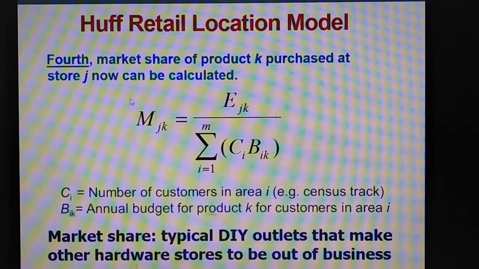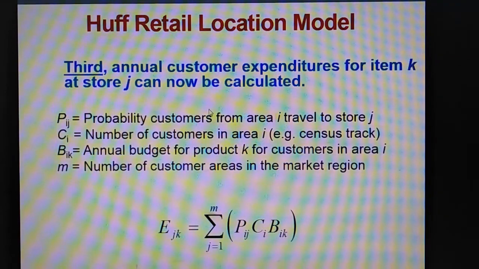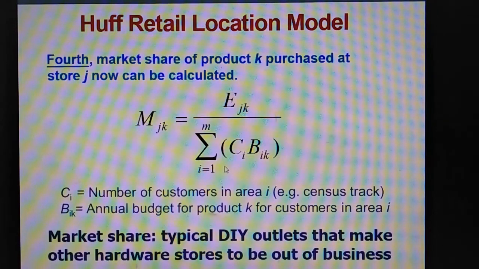So how big a share you could control depends on E, which is, as in the previous formula, expenditure, divided by the summation of the number of customers in the area, multiplied by the budget, and the sum of all from I, your store, and M is up to the number of markets.